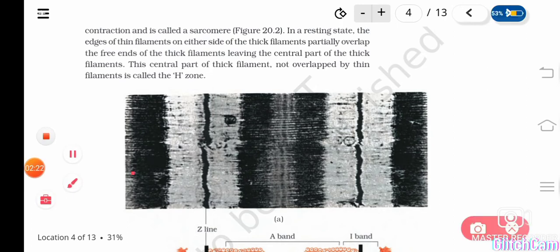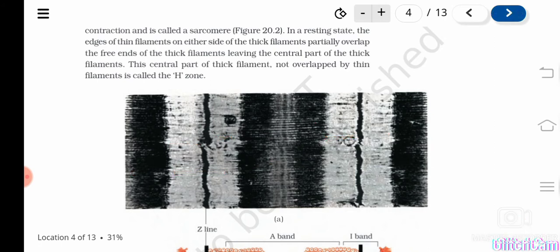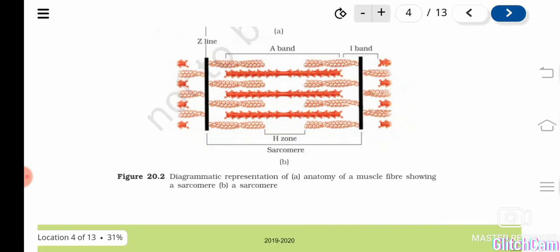What are they? Actins and myosin. Understood? And they are arranged alternate to each other. Means once here, if actin is there, then myosin, then actin, likewise. And I told you, in the resting stage, actin filaments will arch over the myosin filaments, or A band, isn't it? So A band contains myosins, and I band contains actins. Understood? So all that is very clear.